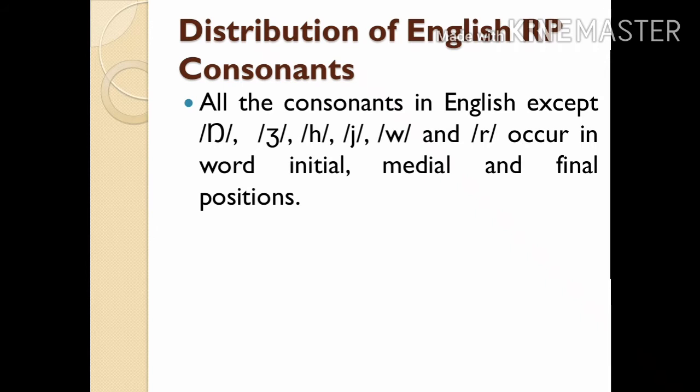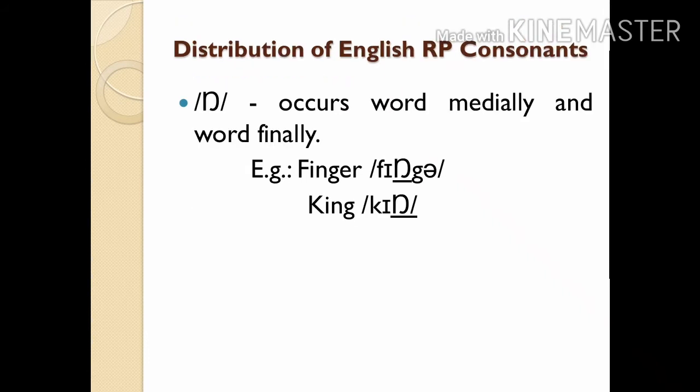All the consonants in English except ng, r, h, y, w and r occur in word initial, medial and final positions. Ng occurs word medially and word finally.